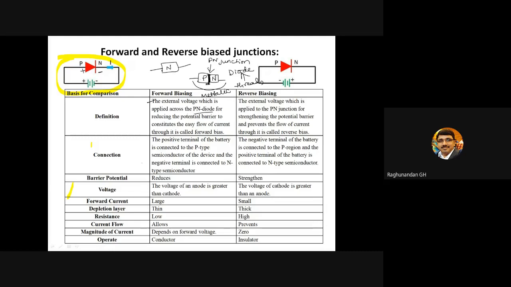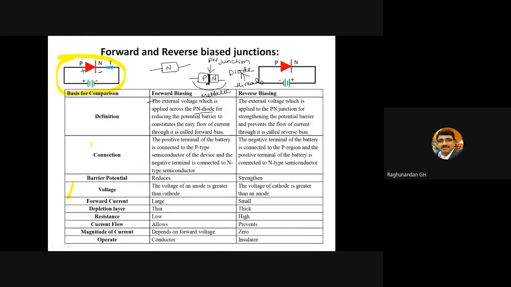If you apply more voltage, more current. If you apply less voltage, less current. So it depends upon the forward voltage you apply from the battery. But in reverse biasing, it is zero, because there is no forward current, so we consider it to be zero. There is no question of current flow because the barrier potential will be high and the depletion layer will be very thick.